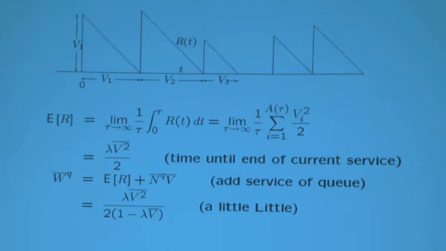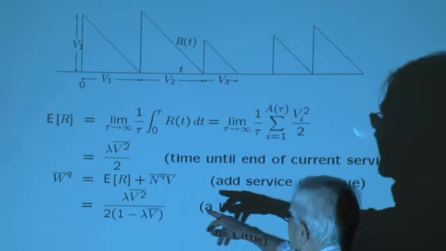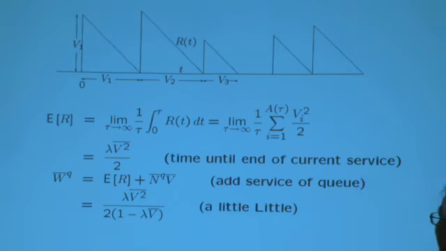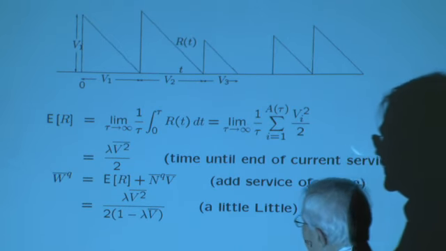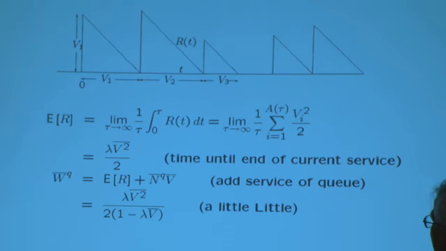So when you take N_Q bar independent of V bar, incidentally, if you read the notes, this is explained in a slightly more mathematical way than customers having little packets which they read. But it doesn't help a whole lot. But anyway, when you go through that argument, you then get this expression, and then you add Little's theorem, which says that N sub q is equal to lambda times W sub q.